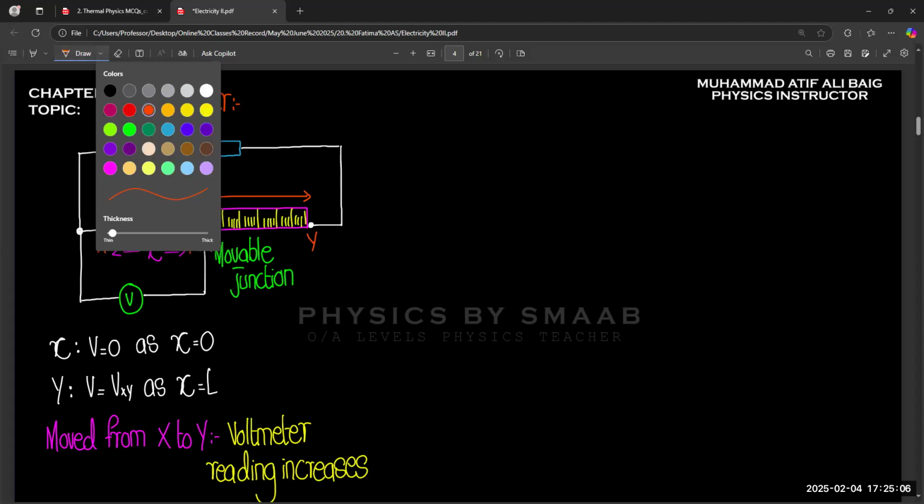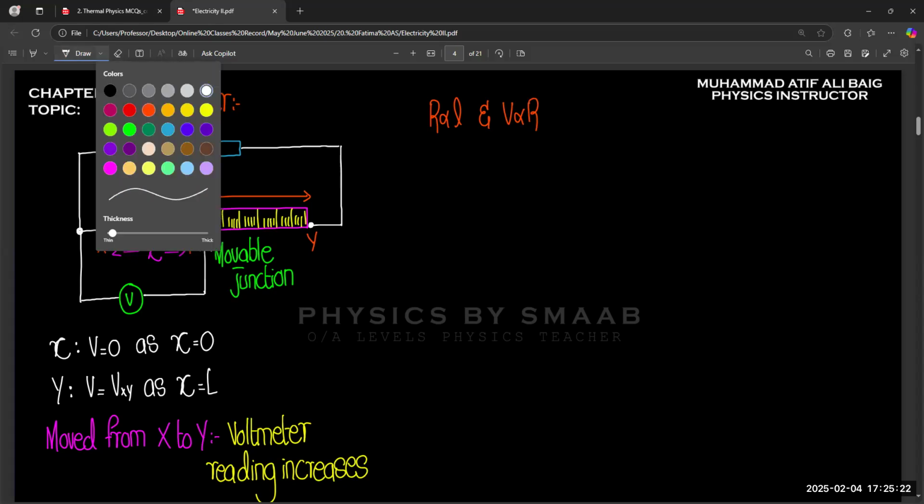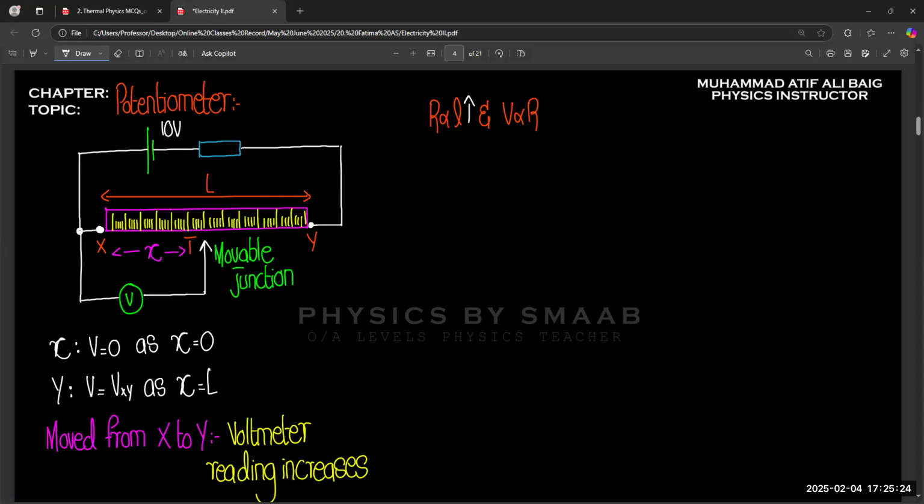So resistance is directly proportional to the length, and V also depends directly upon resistance. If we are increasing the value of length, definitely we are increasing the value of R, and it will give you greater voltage.